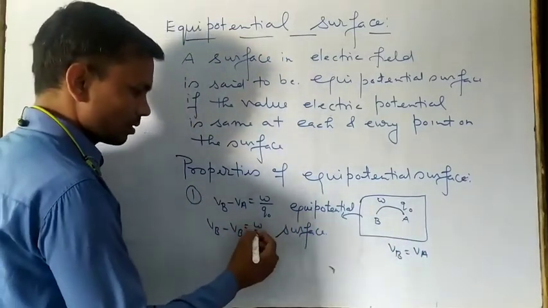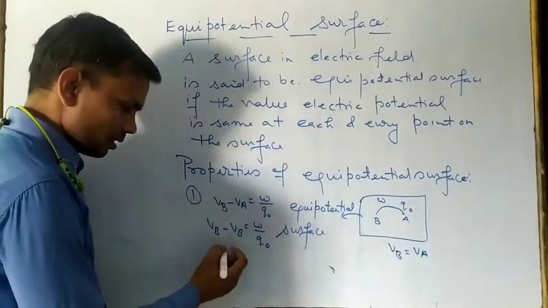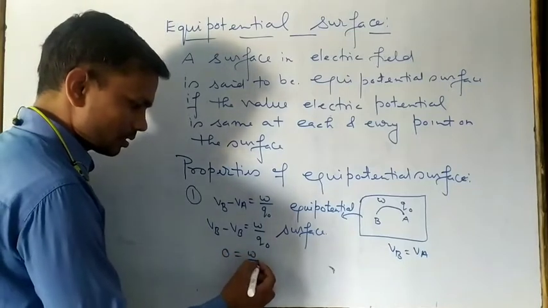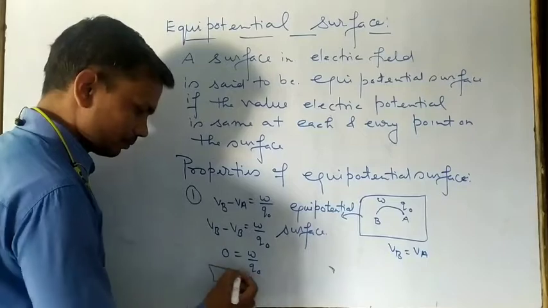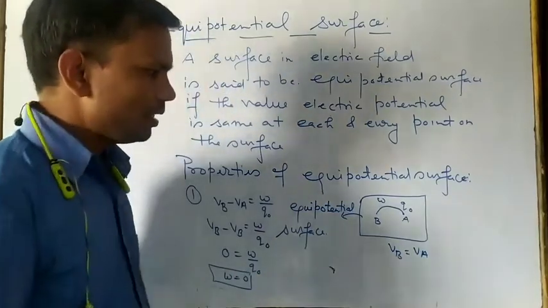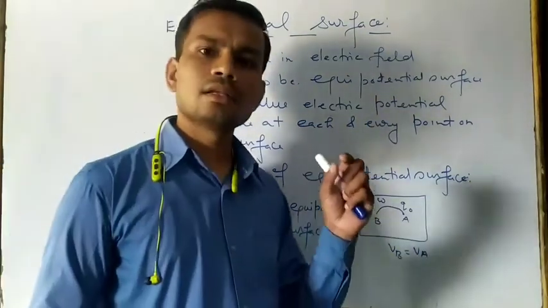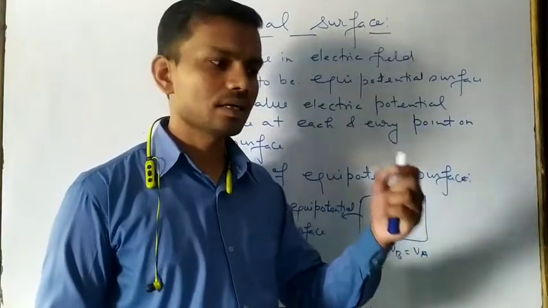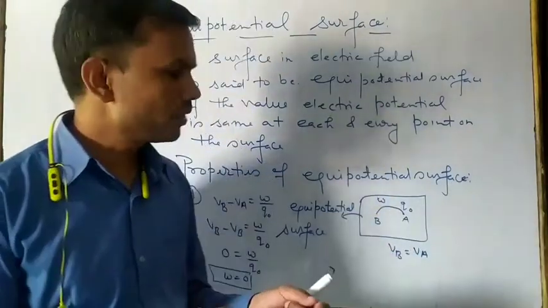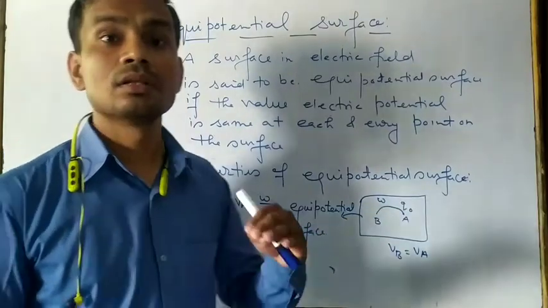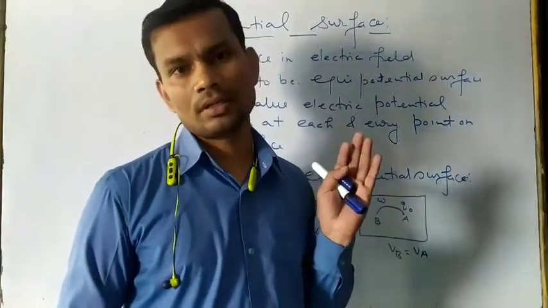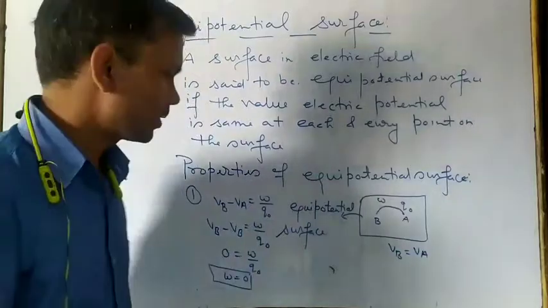So this is 0, equal to W upon Q0, so W is 0. It means if any charge is moving on the surface of an equipotential surface, then no external work is required. So this is the first property.